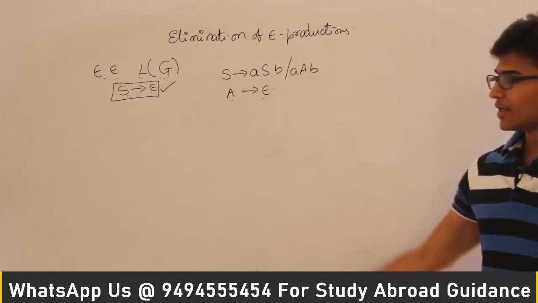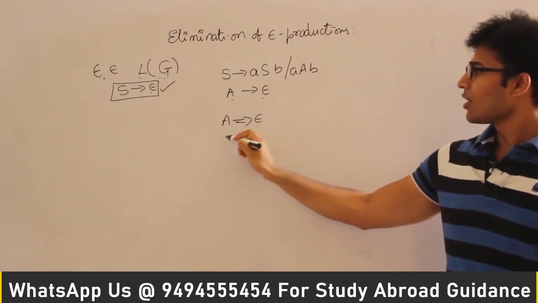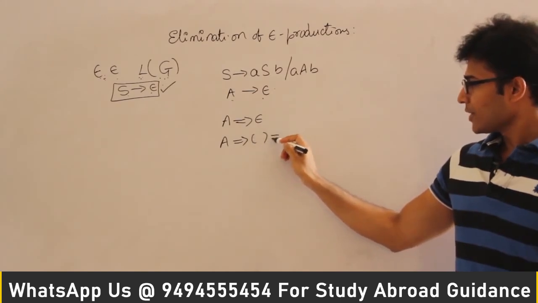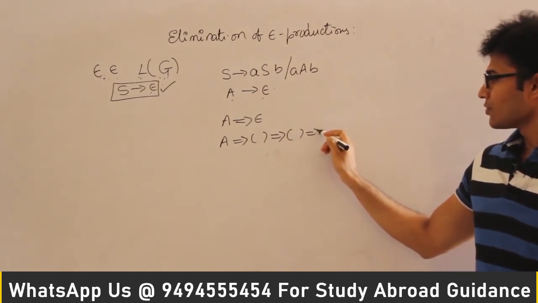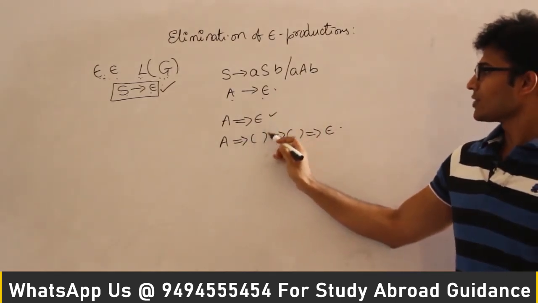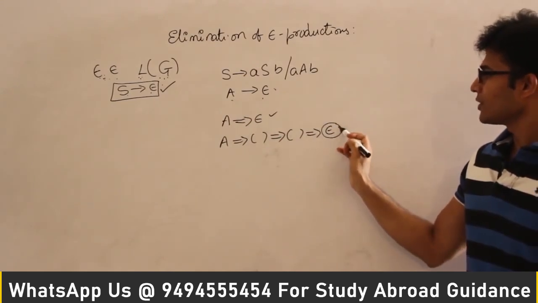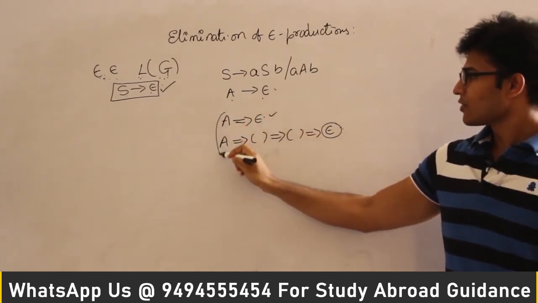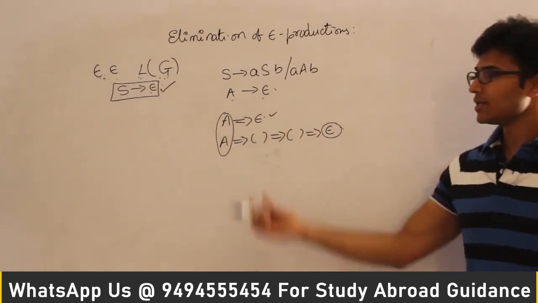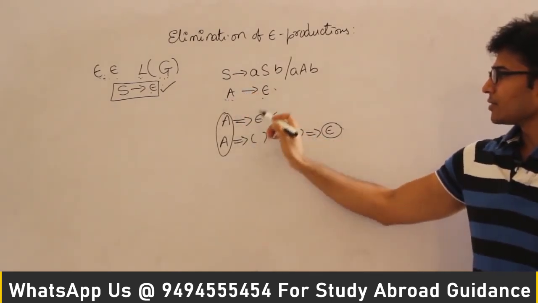A nullable variable is one that can directly generate epsilon, or after some number of derivations generate epsilon. Then that variable is called nullable. So find out all the nullable variables in the grammar. One thing is you found out that A is nullable, isn't it?